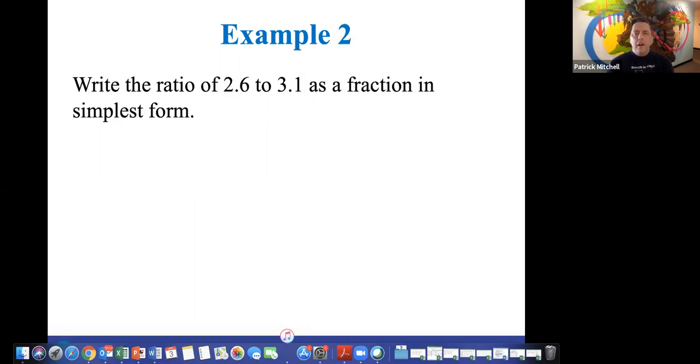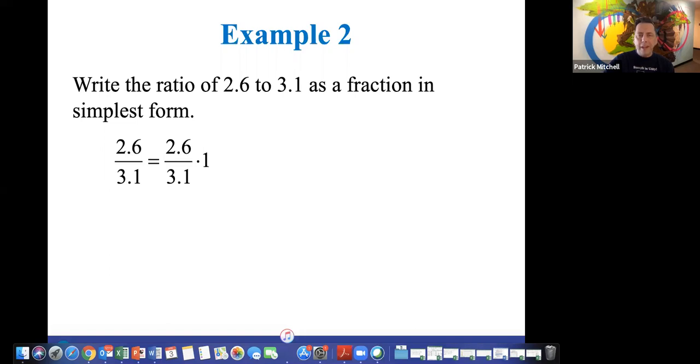Now, if either of your numbers in your ratio happens to be a decimal, fractions in simplest form should not include decimals. So what we're going to do is start off by writing 2.6 over 3.1. And then I'm saying that the value of that ratio will not change if I multiply it by 1.